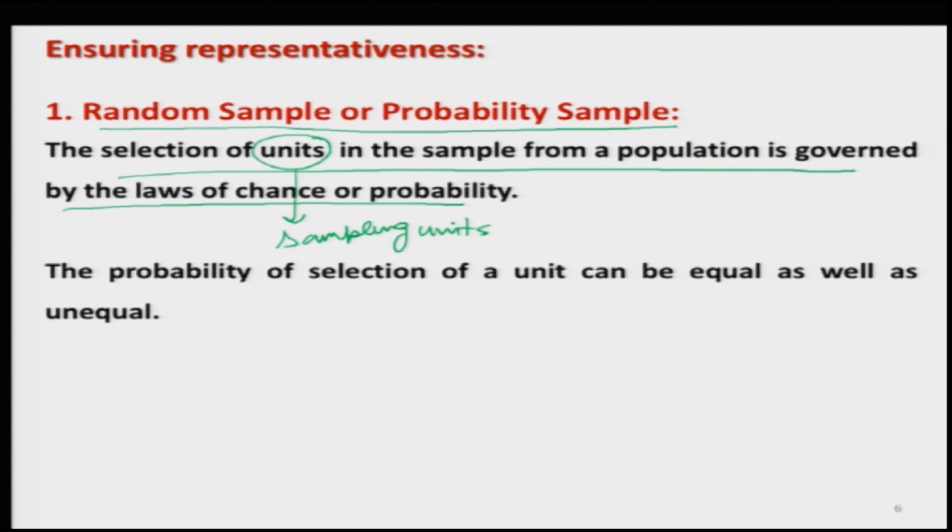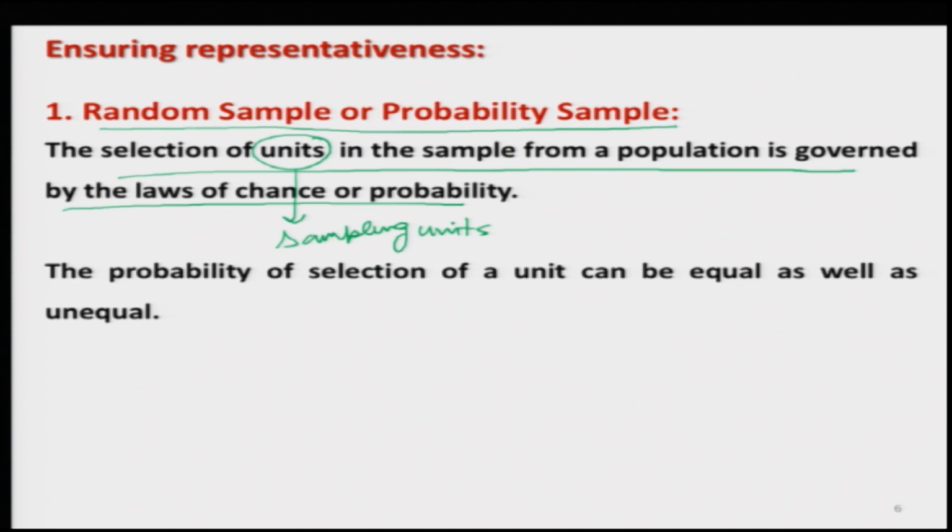You must have read about probability theory, and we want to ensure that when we construct the random sample, we draw the required number of sampling units from the population in such a way that the laws of probability are satisfied. For example, the laws of probability do not mean that all the sampling units have to have the same probability of selection or not selection.